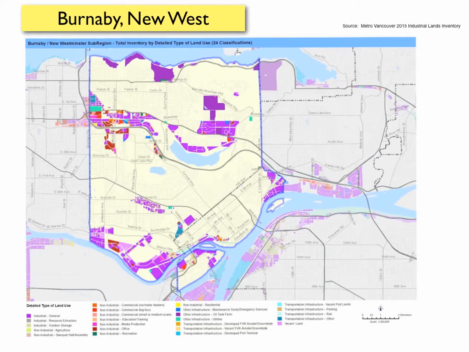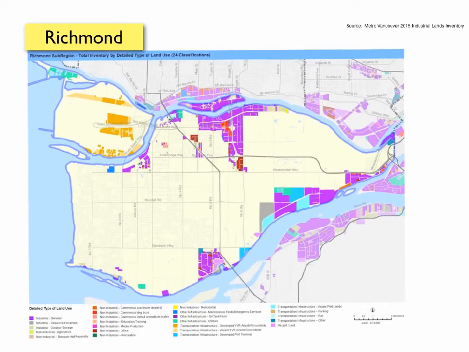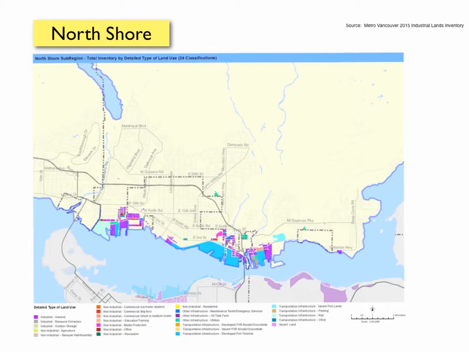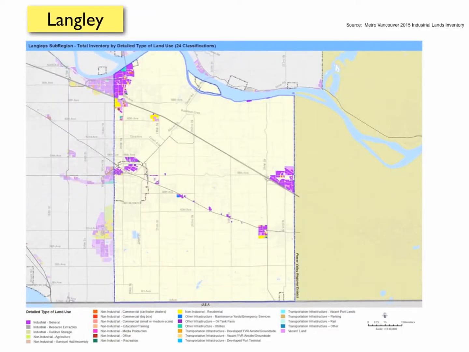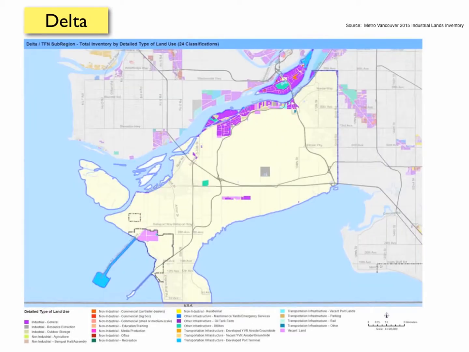So Burnaby, New West, huge market there. Richmond, another huge market. The North Shore, Langley. Now Langley shares with Surrey the upper area there close to the bridge. It's a huge industrial park. Delta has a huge industrial park as well, Tilbury.